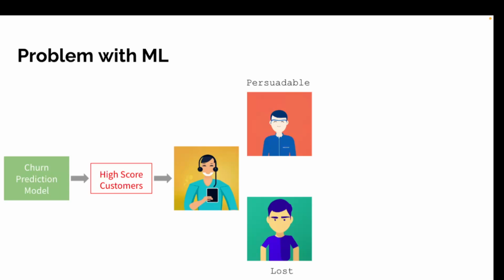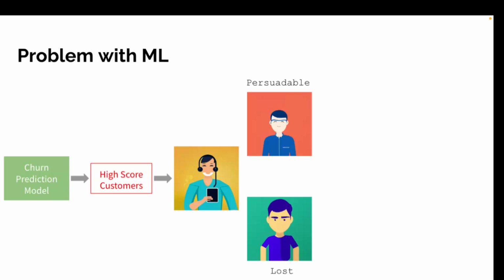Then you score your entire client base, computing that probability for every client that you are serving. In the end, you identify the segment with the highest probability of churn, because these are the people most likely to leave the company.